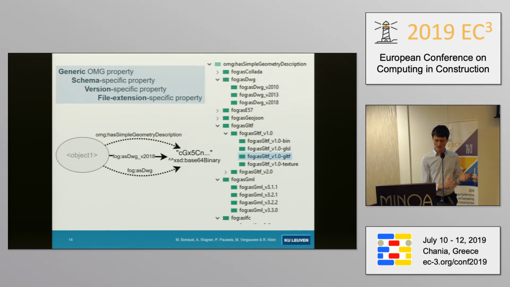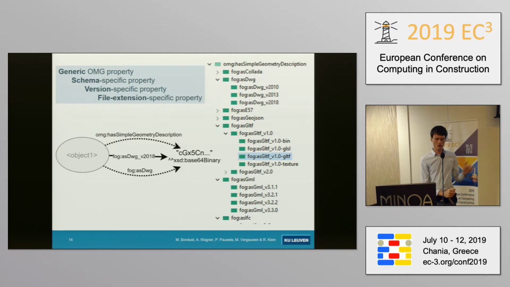The schema itself has to be understood as a taxonomy, and it extends the two properties from OMG. OMG has simple geometry description to connect to RDF literals containing an embedded geometry or geometry that's referenced inside the literal, or OMG has complex geometry description for geometry descriptions that are RDF based. Then at the next level, we define a sub property, which is schema specific, for example, GLTF.